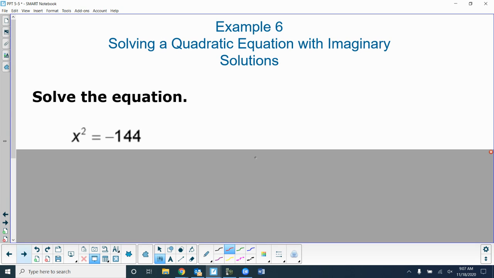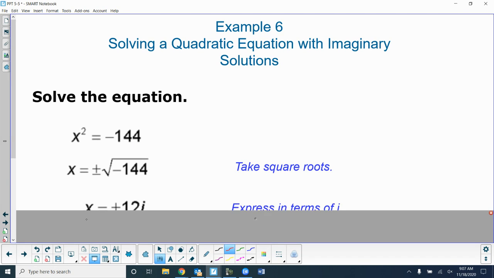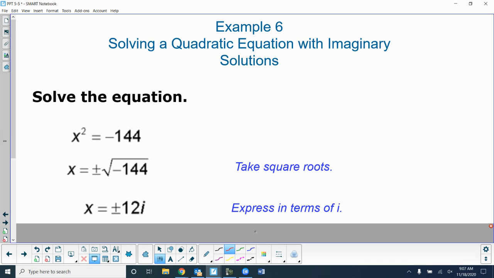All right, solve it. What are we supposed to do to both sides? Square root. What is the square root of negative 144? 12i. There you go. So it's the same as what we've been doing, but they'll throw some negatives at you that you have to take the square root of. That one makes sense?